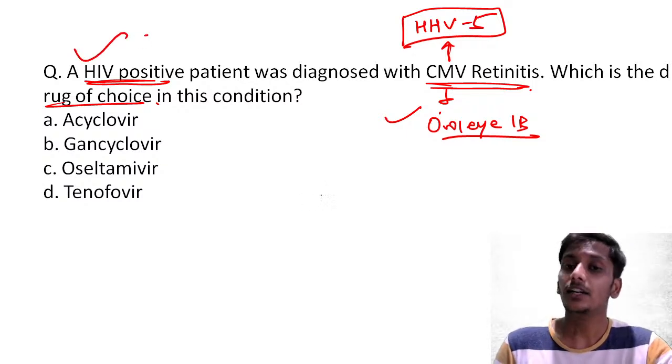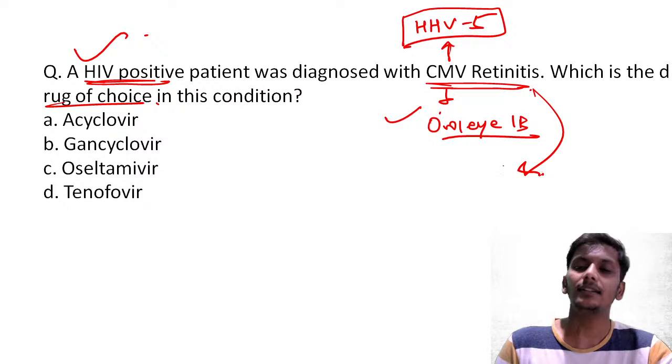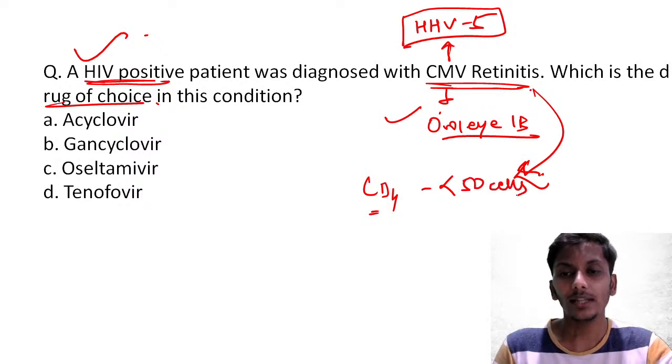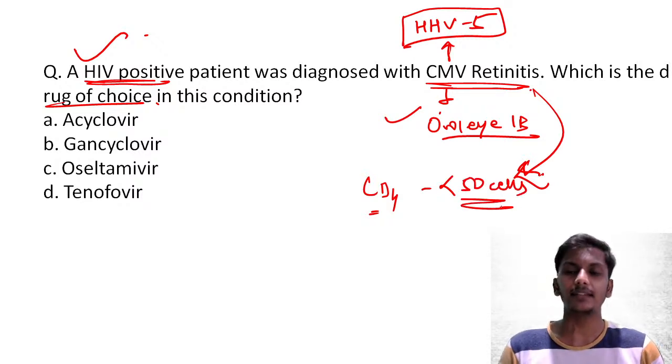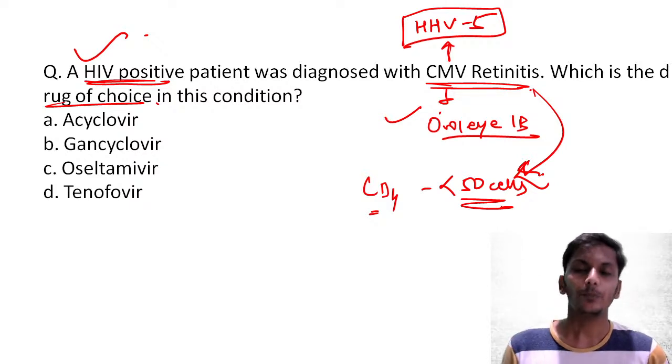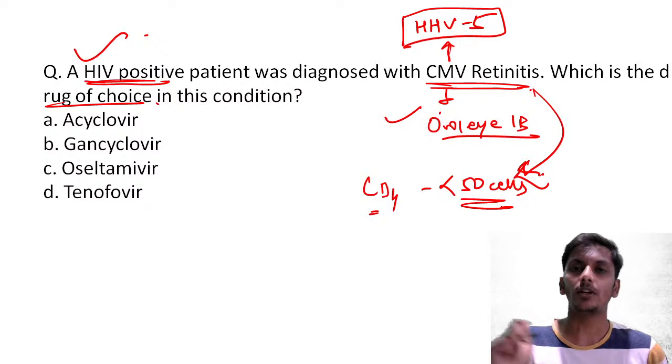But when is it seen? Please remember, CMV retinitis is seen in HIV positive individuals when the CD4 count goes below 50 cells. When the CD4 count is less than 50 cells, then the most common opportunistic infection seen is CMV retinitis. You might have studied that the most common opportunistic infection in HIV is TB.